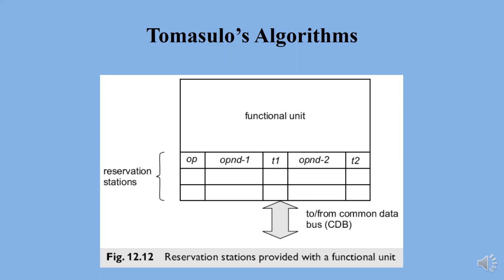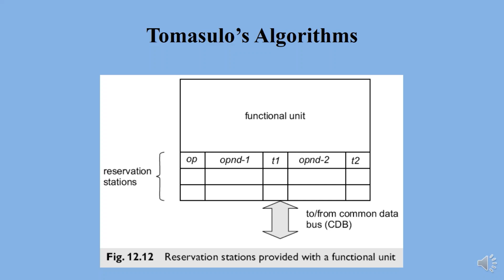Operand 1 and operand 2 are the two operand values needed for the operation. T1 and T2 are two source tags associated with the operands. When the needed operand value or values are available in the reservation station, the functional unit can initiate the required operation in the next clock cycle.